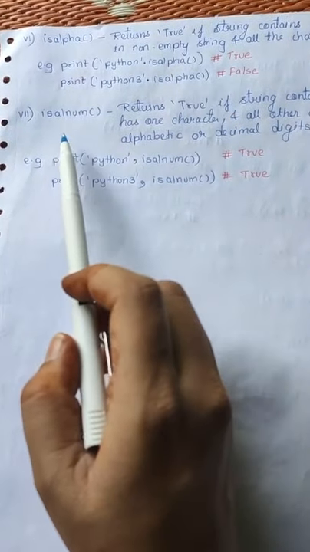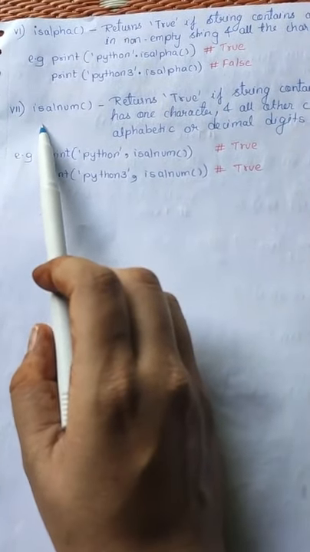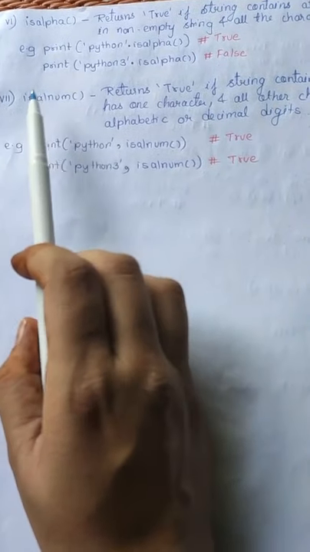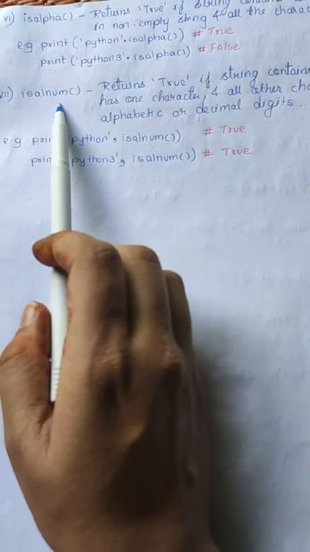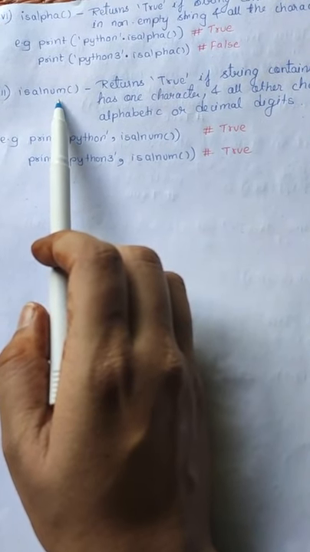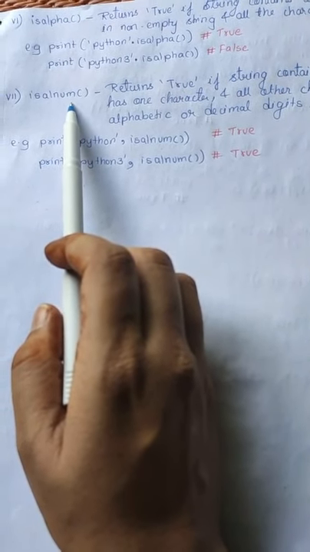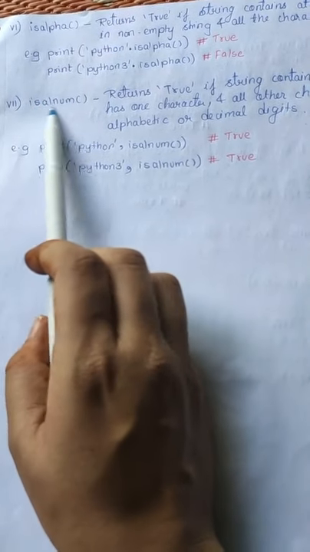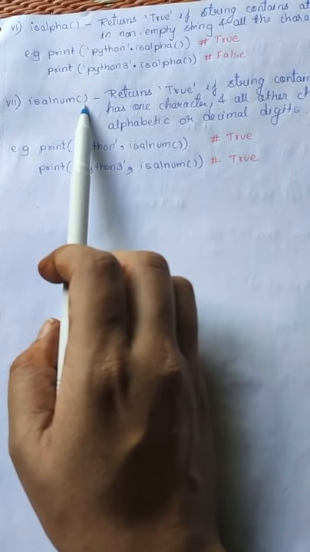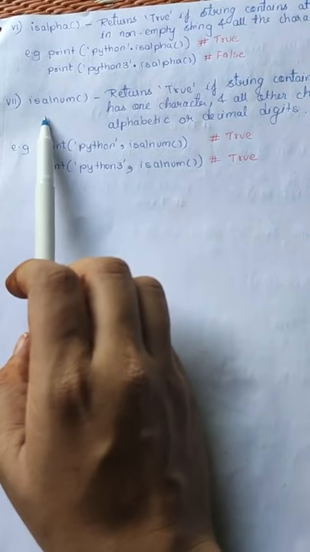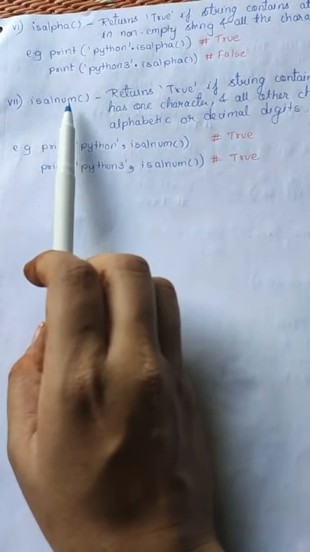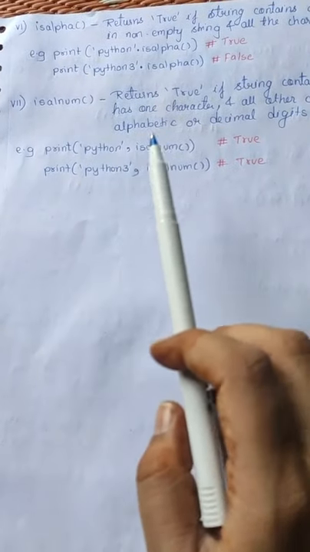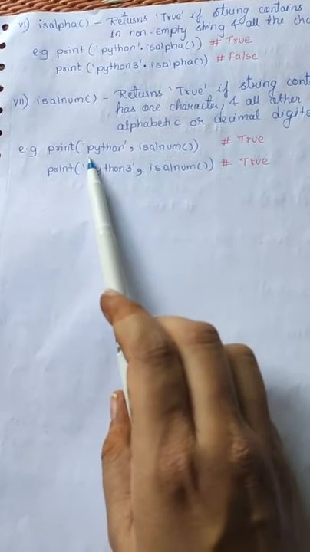Then I have another function, isalnum, that means alphabet also and number also. Many times we may have a string which is a combination of digits and characters, or alphabets. At that time I will use this function, to check whether my string is made up of only characters, only numbers, or a combination of alphabets and numbers.